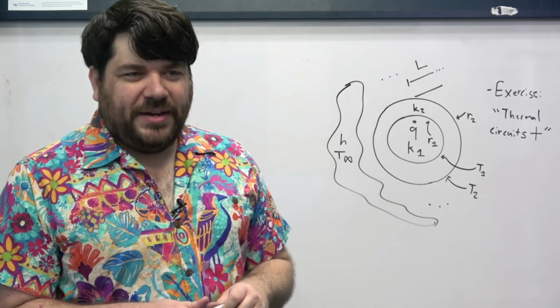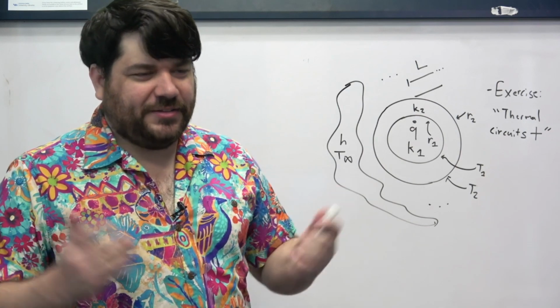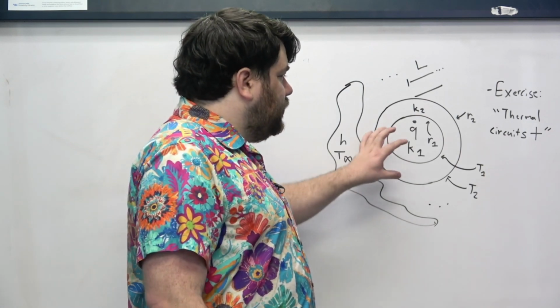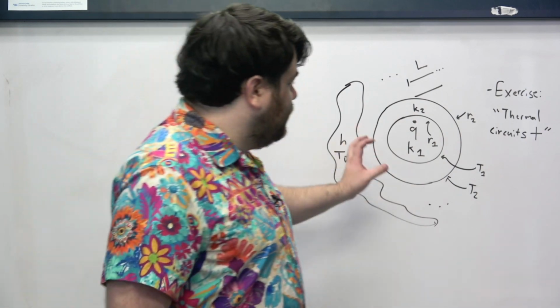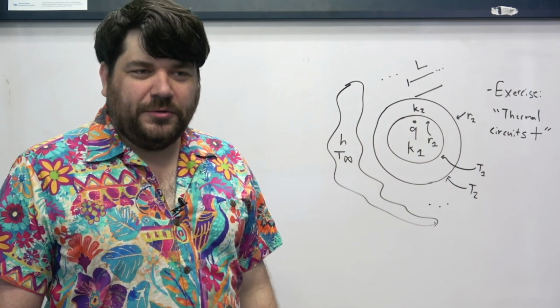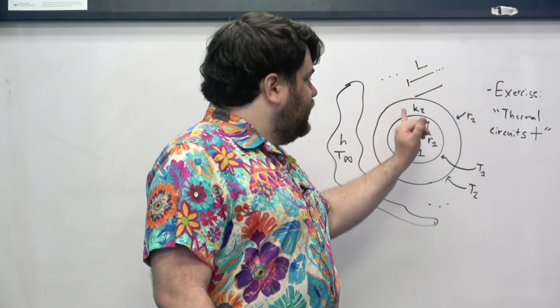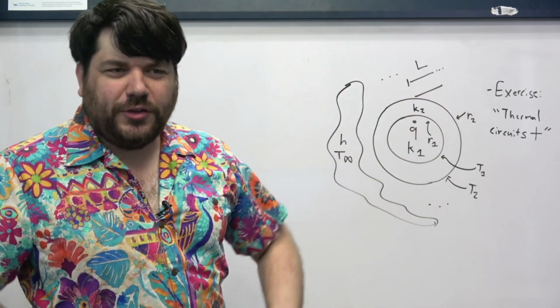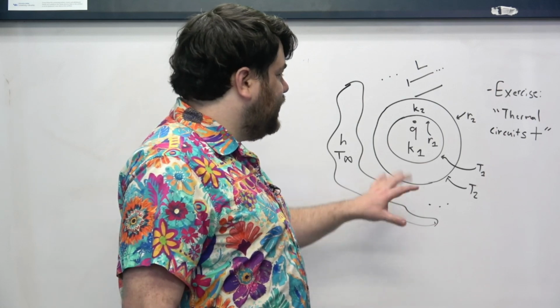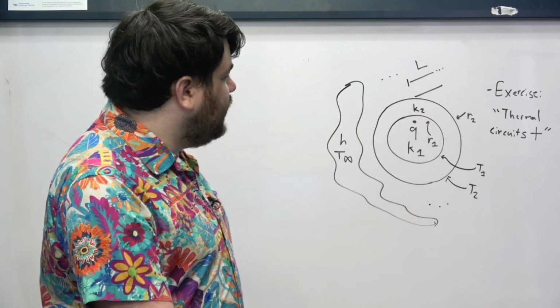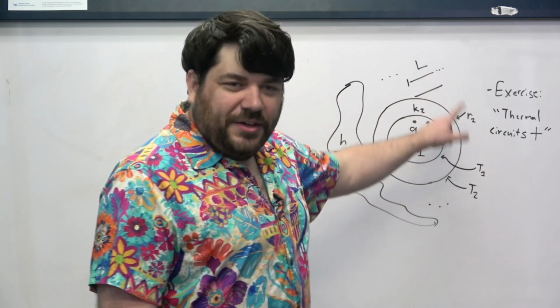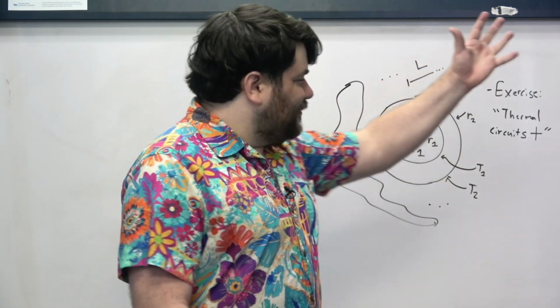Is heat transfer happening radially? Yes, we are going to assume that this rod, however long it is, is uniform, and that the rod length L is large enough that we can neglect the heat transfer to the environment off of the caps. So all of the heat transfer is happening off the curved surface into the environment.